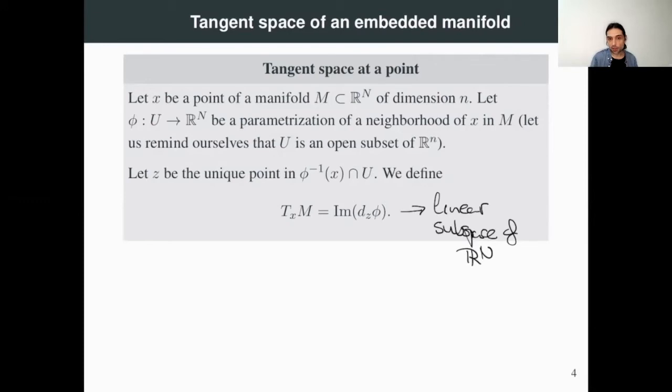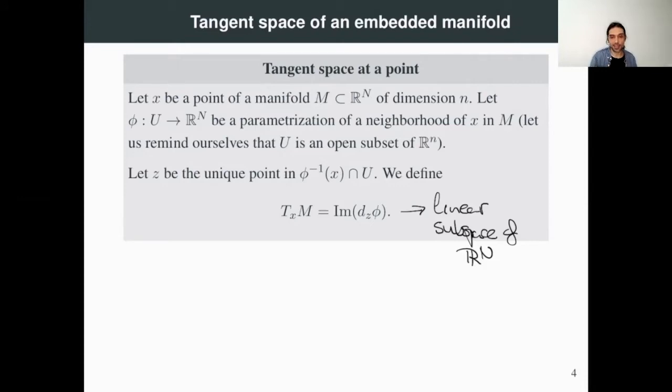So this is very nice because we can define the tangent space, the best linear approximation to our manifold at a point x, just as the image of the differential of the parametrization, and it has a natural structure of a vector space.